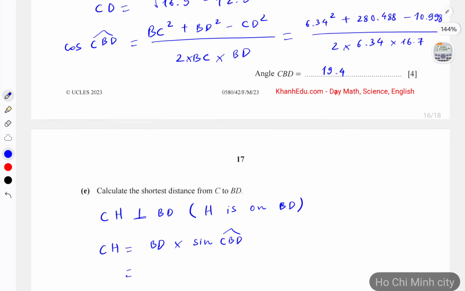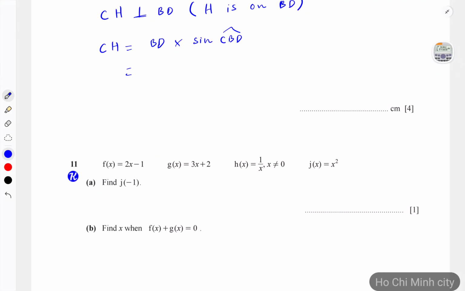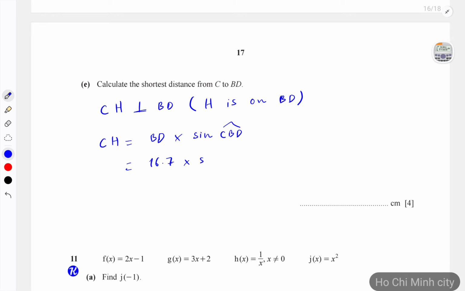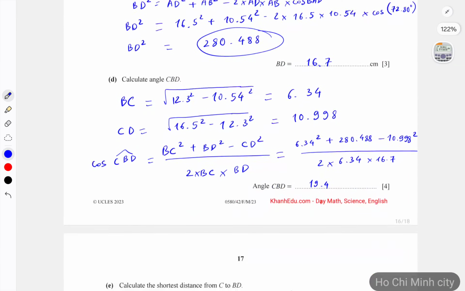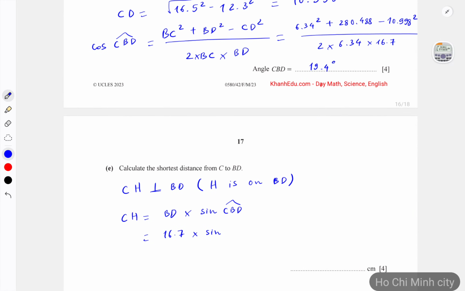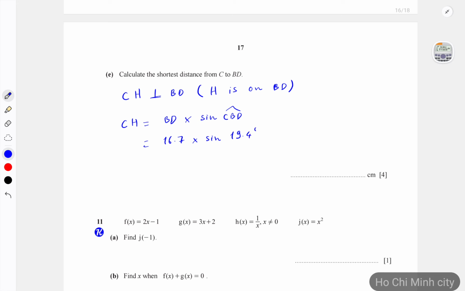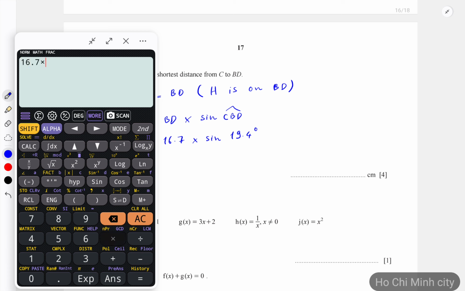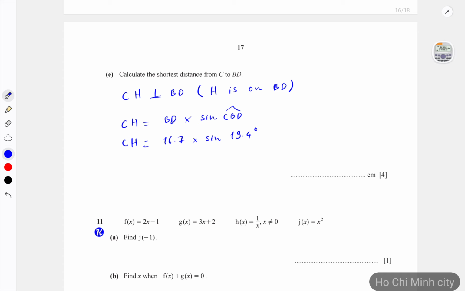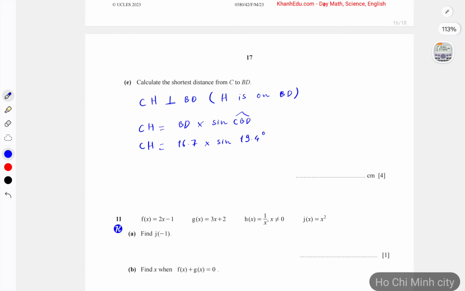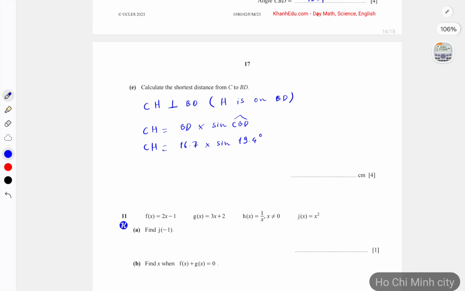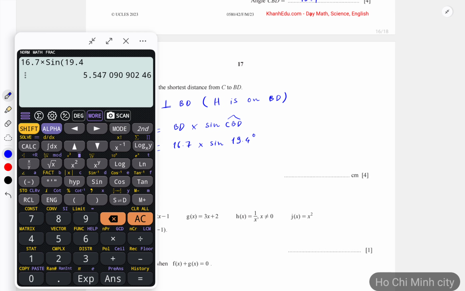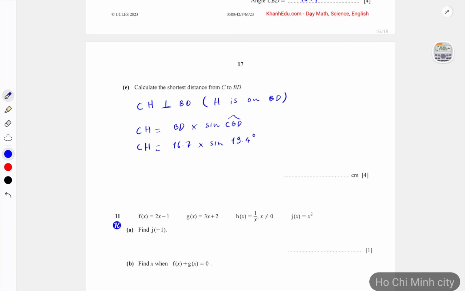The BD is 16.7, and this angle CBD is 19.4 degrees.